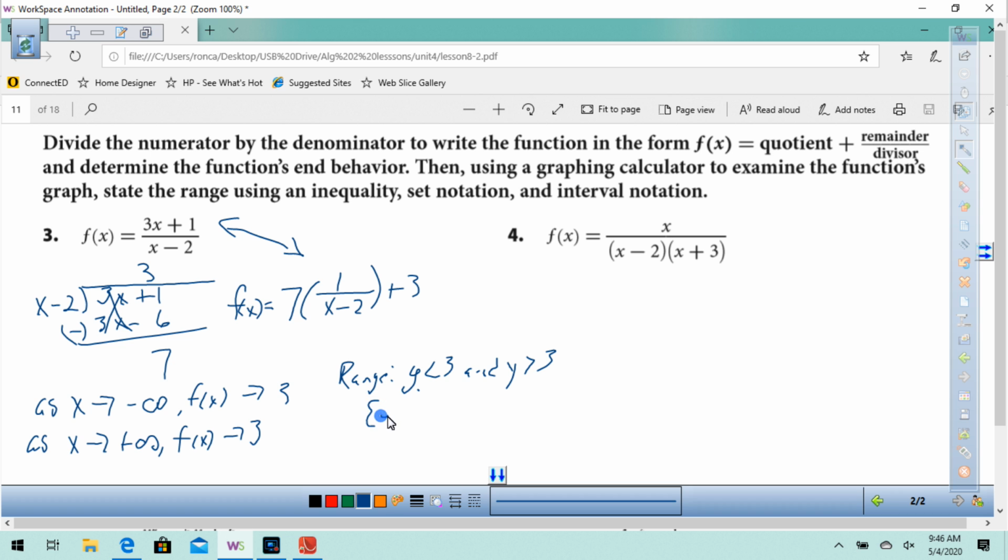Set notation: y such that y is not equal to 3. And interval notation, negative infinity to 3. It's unbounded, and then it's 3 to positive infinity. And there we go.